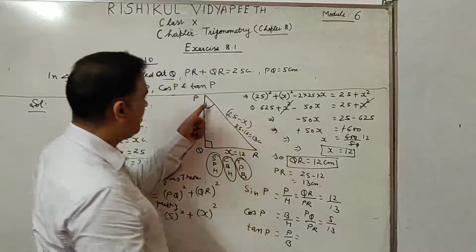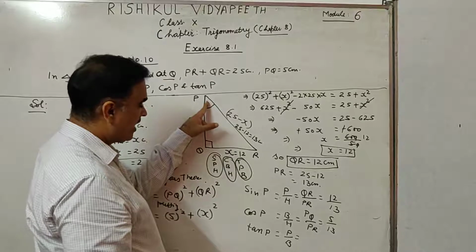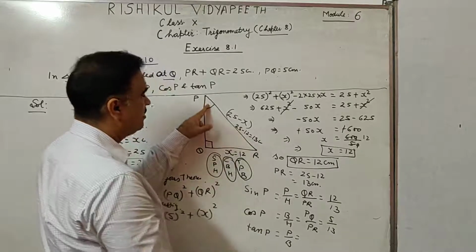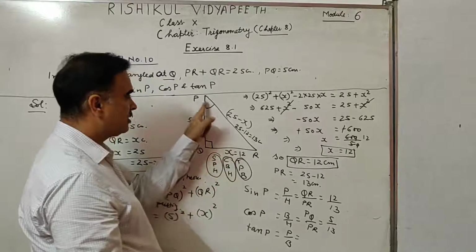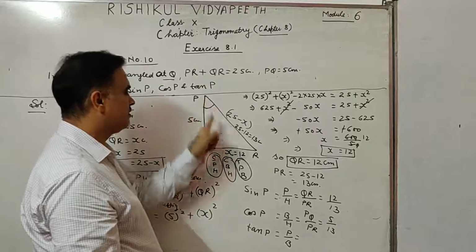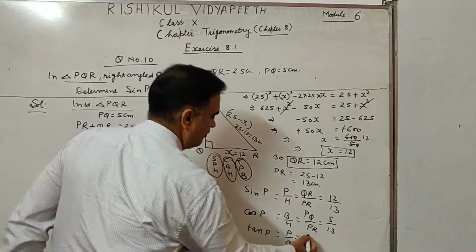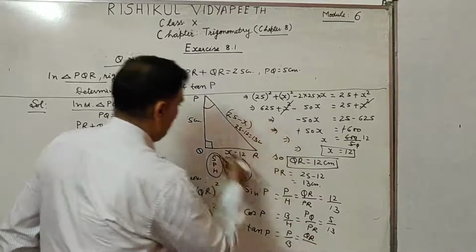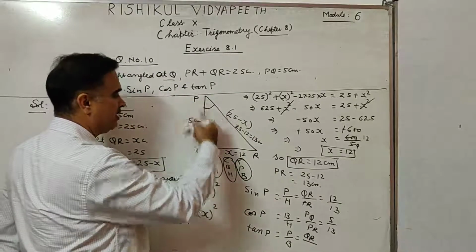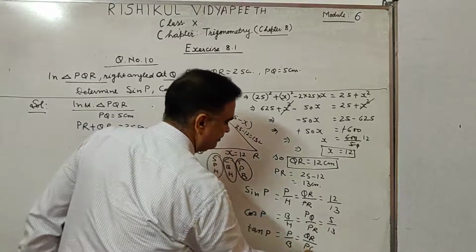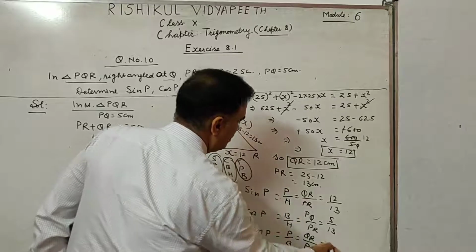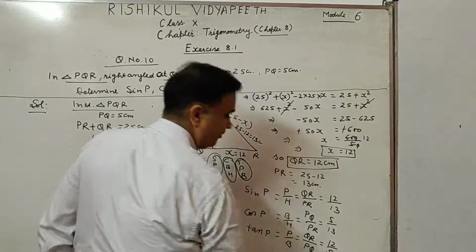What is the perpendicular? This is angle P. With the help of this, we have to find the side opposite to the theta. Theta means the acute angle. This is QR. And the side adjacent to P, that is PQ, equal to 12 upon 5.